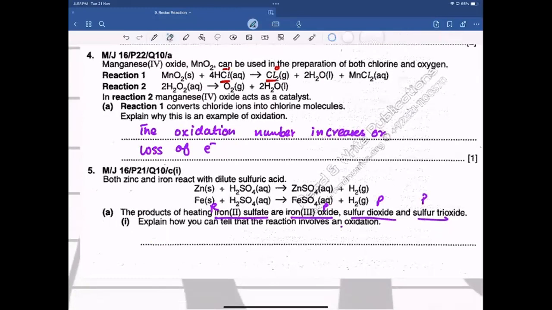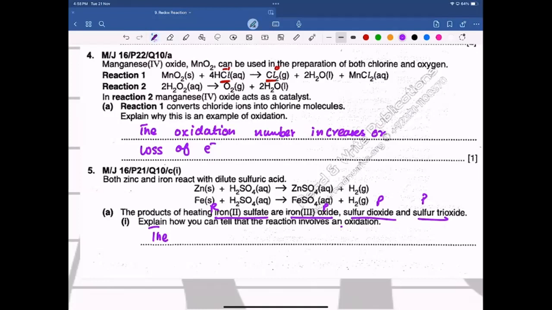Who is smart enough? In statement A, the answer is over there only. Sir, can we say that the oxidation state of iron is increasing? Very good. See, as a reactant, what is the oxidation number of iron? And when it becomes product, what is the oxidation number of iron?